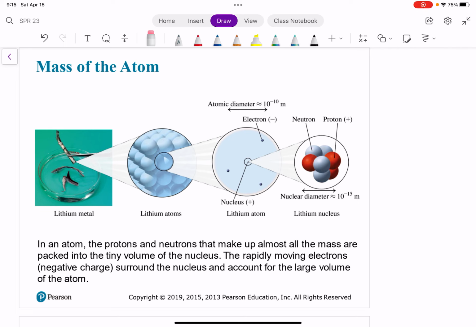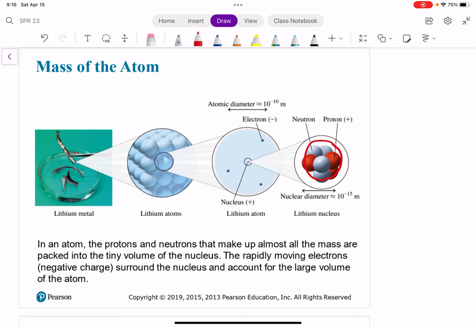And what was found was that we have this tiny nucleus of protons and neutrons, and the electrons are actually really far away from that nucleus. I've heard it described as the nucleus being grape size. It's not, but just to put things in perspective, because remember, atoms are really tiny. If the nucleus was the size of a grape, the nearest electron would be a mile from that grape.